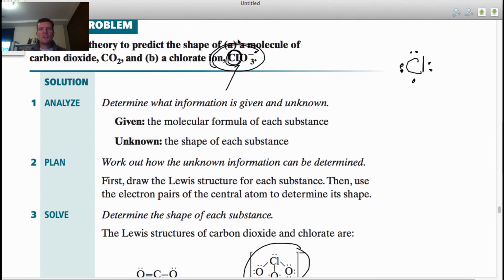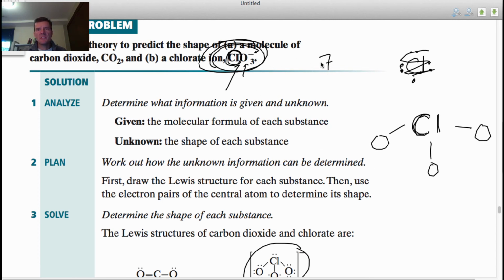So what we need to do is count up the total number of electrons that we're talking about here. Let me restart this. I'm going to put down my central atom, and the first thing I'm going to do is draw kind of a skeleton structure. So here's my central atom, chlorine, and I'm going to put 3 oxygens around it. 1, 2, 3 oxygens. Okay? I need to figure out how many total valence electrons I'm going to be talking about.